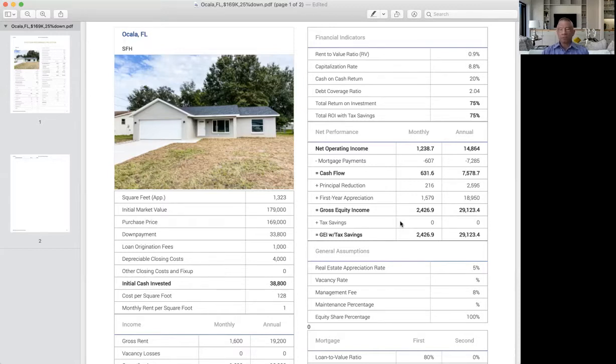The minimal benchmark to achieve a positive return, for example, cash flow situation with a 20 to 25% down payment, for example. So the rent to value ratio is ideally around 1% of the purchase price, 1% multiplied by purchase price, for example, 100,000. That means the monthly gross income around 1,000.